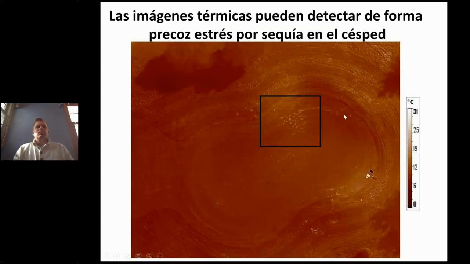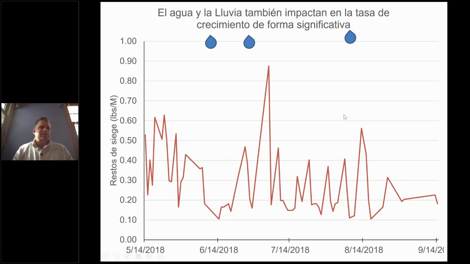So what can we do to try to minimize these spikes? One thing we can do is just know that when we get rainfall events, we might get an increase in growth rate a few days later. But then depending on how we use our irrigation system, if we keep things very dry, then we're going to have a slower growth rate. And if we keep things very wet, we'll have a faster growth rate.